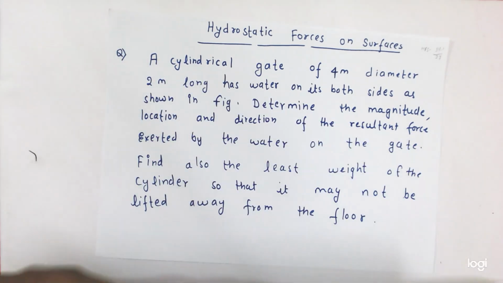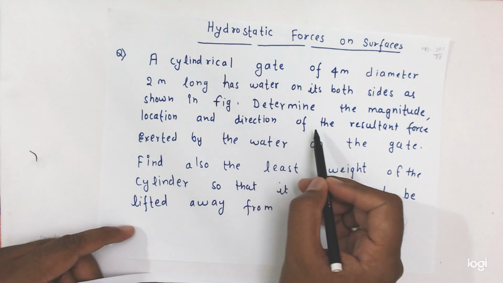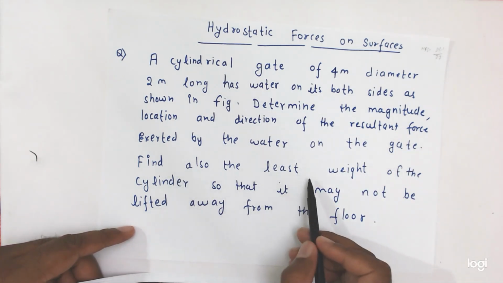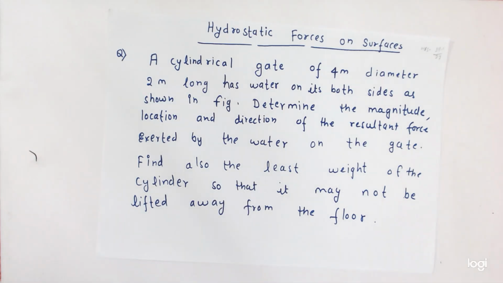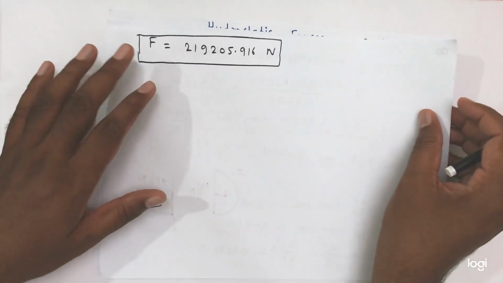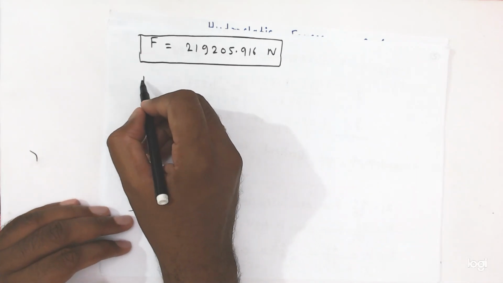Here we have to determine the magnitude, location and direction of the resultant force, first point, and the second point is that find the least weight of the cylinder. So friends, this is the magnitude of the resultant force. Now what is the direction? Direction of the resultant force.